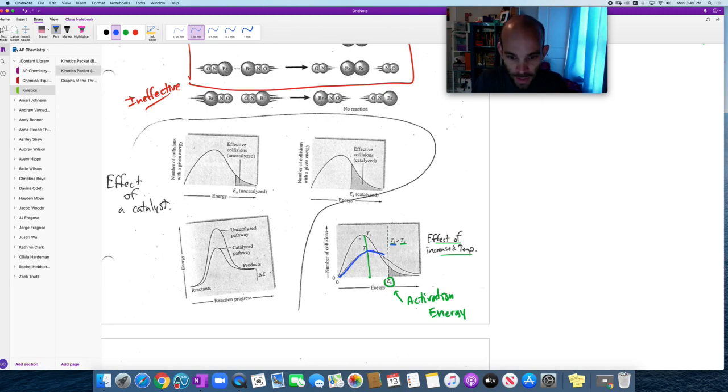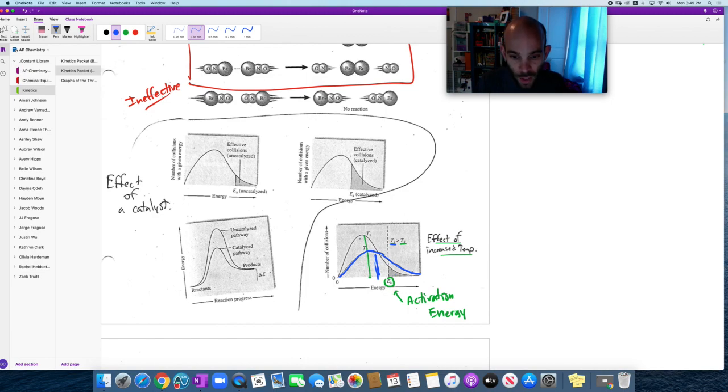here we can see that a lot more of them have higher energy, so I'm not sure where the average value would be on that curve. It's not exactly in the middle, but probably close to the peak somewhere in here, but it's more energetic collisions.